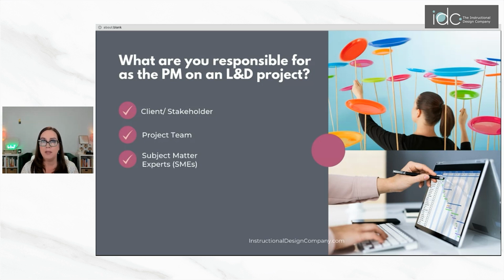Oh, Shawntay, wouldn't it be great if we also created this quick little intro video? Now we're at task 12. Wouldn't it be great, Shawntay, if we did this little mini training to train our internal staff? Now we're at task number 13, right? So 11, 12, and 13 are examples of scope creep. They are outside of the original scope of the project. So that's a really good call out.